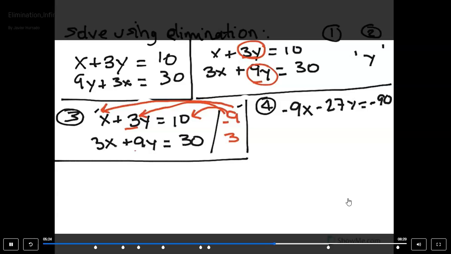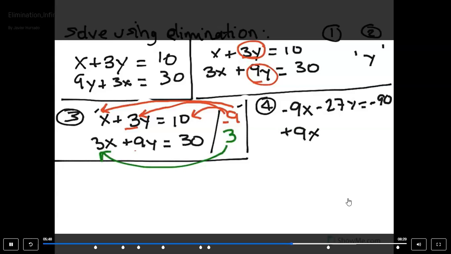Now the second one. I'm going to do something so you understand this more clearly. I'm going to write this 3 using another color, let's use green. The positive 3 by positive 3x is going to give me positive 9x.